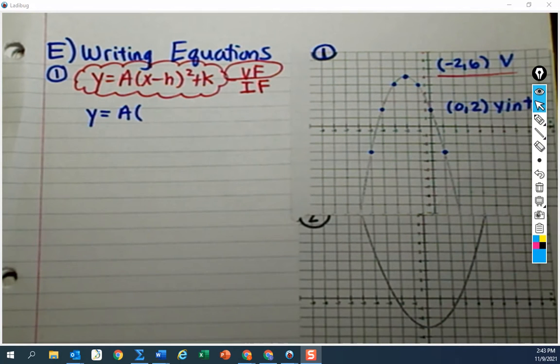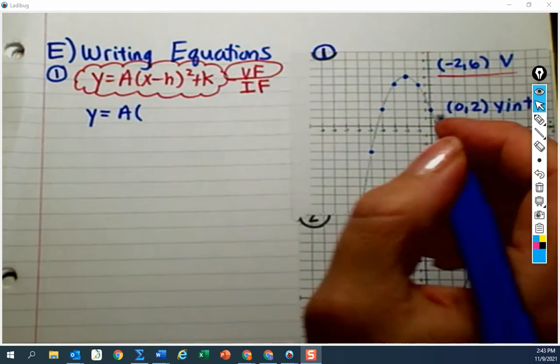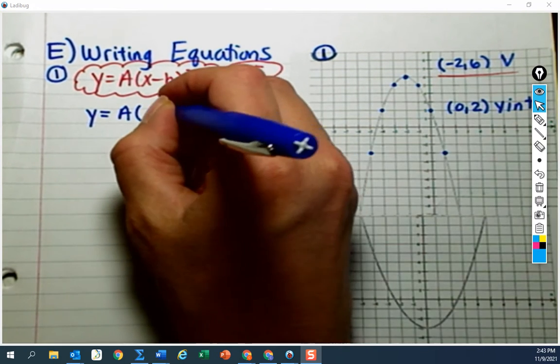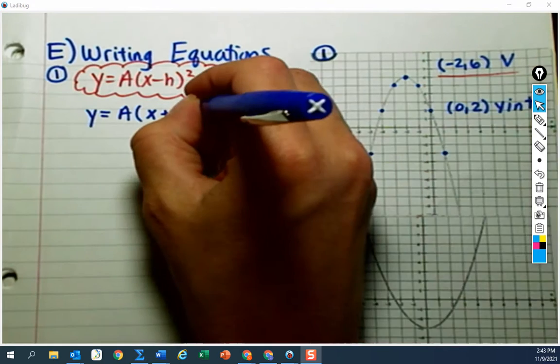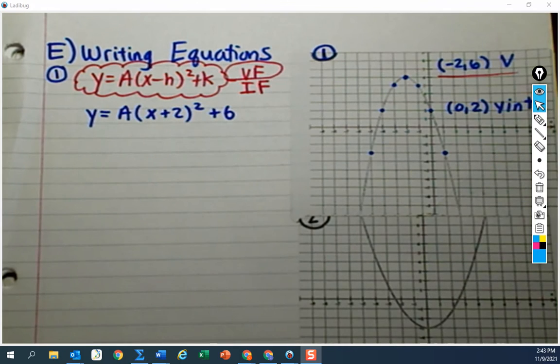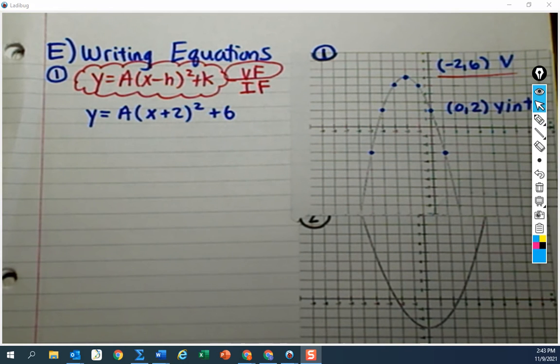Now, you might recognize the a value right now, but I'm going to go at it in two steps. Left 2, so that's plus 2 squared, up 6, right? Pick my vertex. Okay, and my a value.